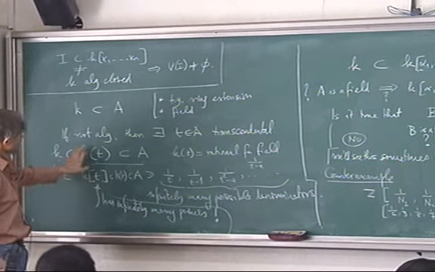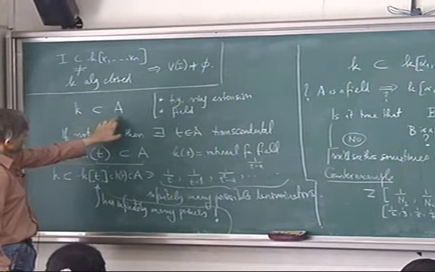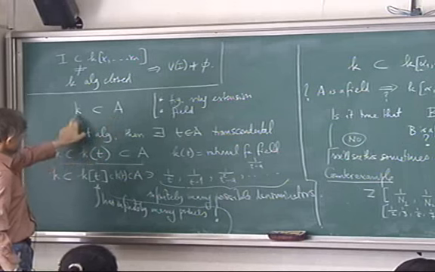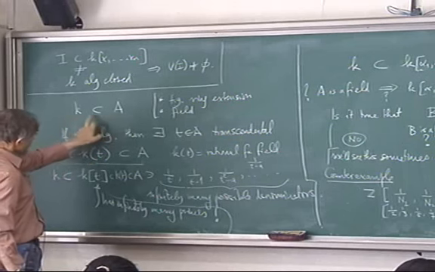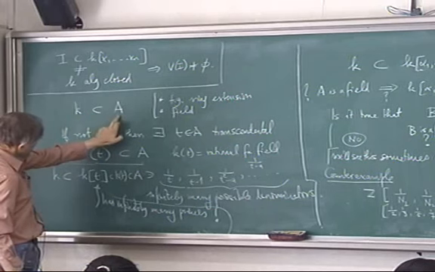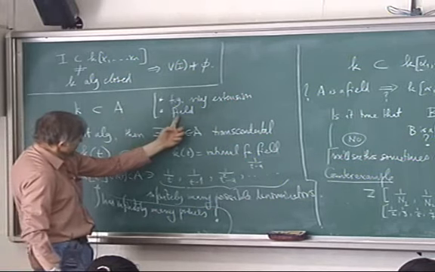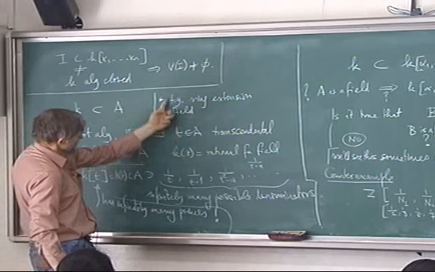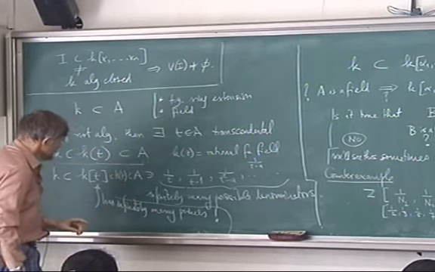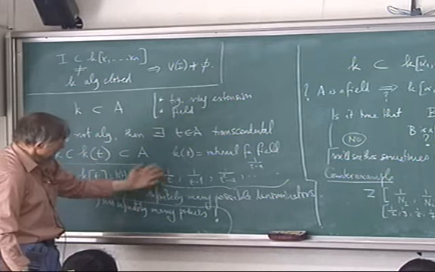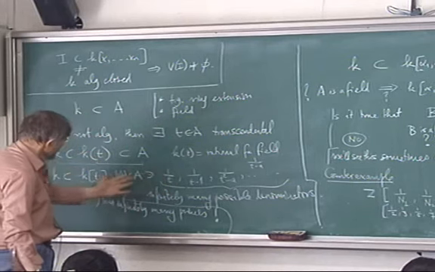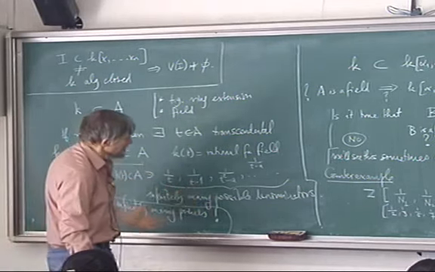So I'm trying to prove something about this field extension: I've got an extension k to big A between two different fields, and I'm assuming it's a finitely generated ring extension. The thing that's happening here is this kind of divisibility. I'm putting in denominators. Here I'm telling you I need infinitely many denominators.